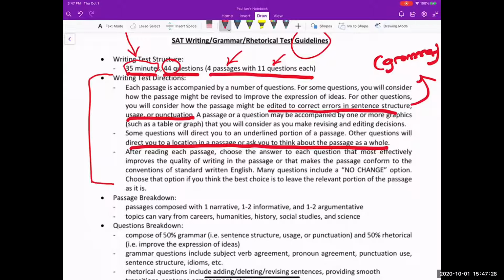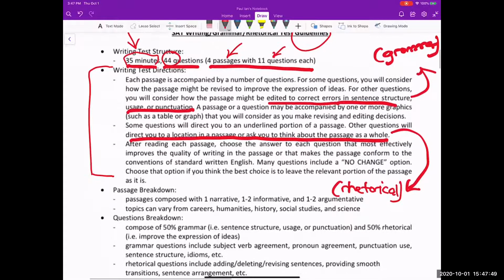Or where can I place the sentence so that it makes sense? You have to analyze whether that sentence explains the previous sentence, or whether it has a good transition. These are questions you want to ask. And this is called a rhetorical question. So you have the rhetorical, and then you have the grammar question.